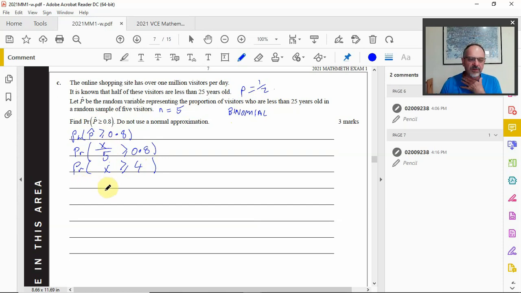So we're looking at the probability that x is greater than or equal to 4. Now we've only got a sample size of 5, so that's simply the probability that x equals 4 plus the probability that x equals 5.